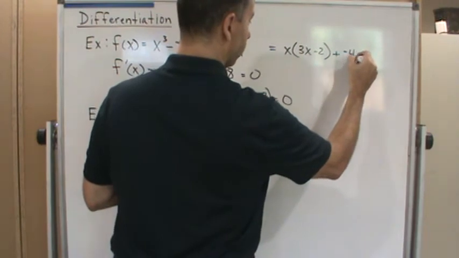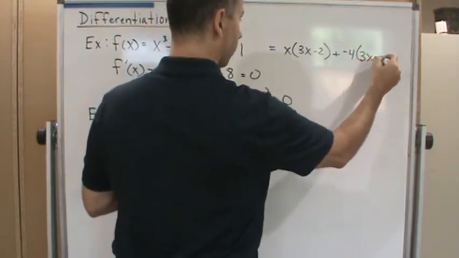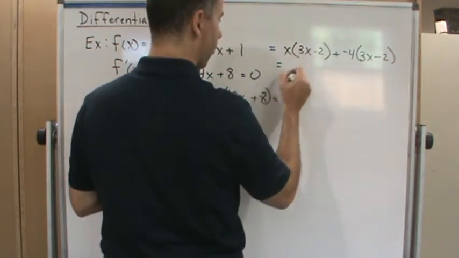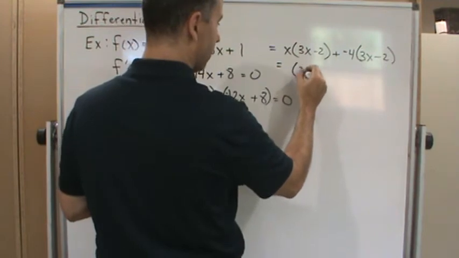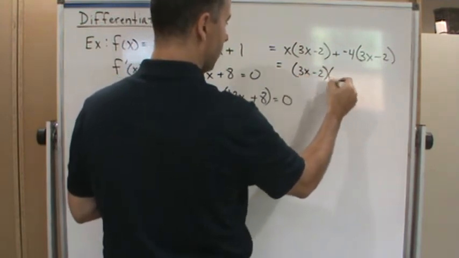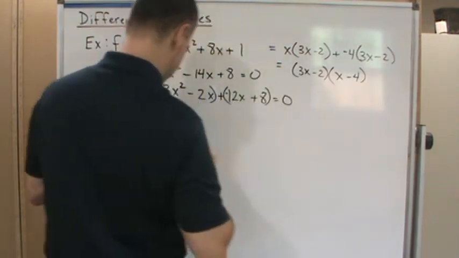So negative 4 times 3x minus 2. Now I factor again, because now I've got another common factor, and I get 3x minus 2 times what's left over, which is x minus 4, and there's my factoring.